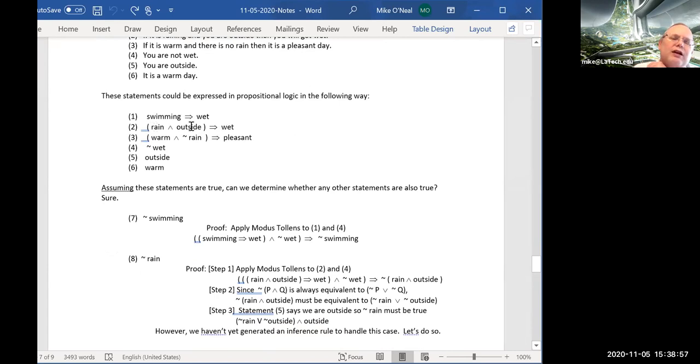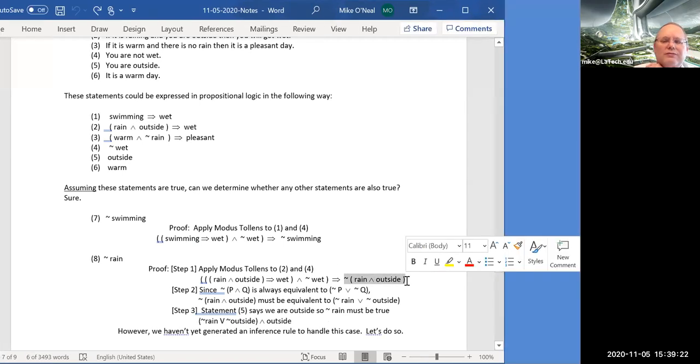Rule 2 says if it's raining and you're outside, then you're wet. But Rule 4 says I'm not wet. So I know from modus tollens that it's not both raining and I'm outside. So I know that not, open parentheses, rain and outside, close parentheses, must be true. I know that from modus tollens.